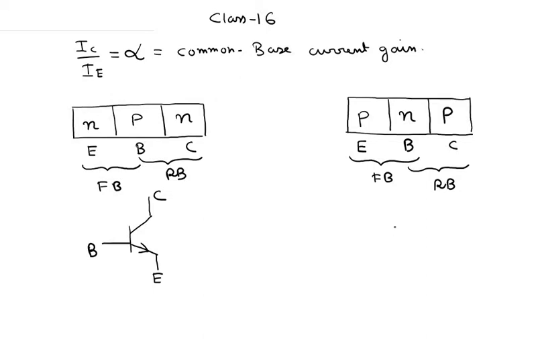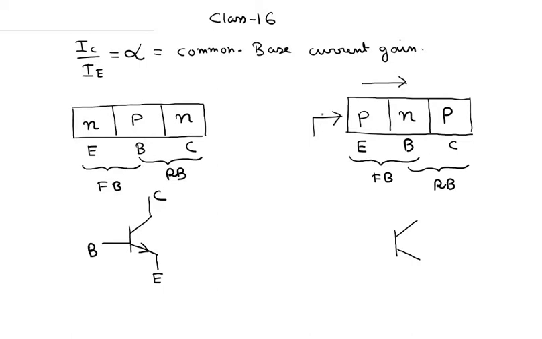Okay, and this is the symbol for a PNP transistor. Again, the arrow is put at the emitter, but here the emitter is P type, and current flows from P to N and not in the reverse direction. Because the emitter to base junction is forward biased, the current would flow from P to N, in this direction, so current would flow into the emitter.